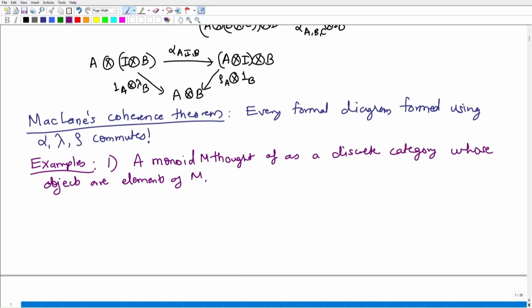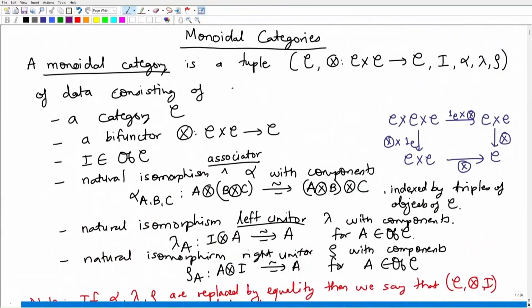So you have to understand something. There was some issue with the example that you gave, a monoid thought of as a single object category. Look at this. You are given the data of a category and then a bifunctor on it. If you think of a single object small category, which is a monoid, there is no external piece of data present over there. We have to provide this tensor as a bifunctor, so it's an external piece of data.